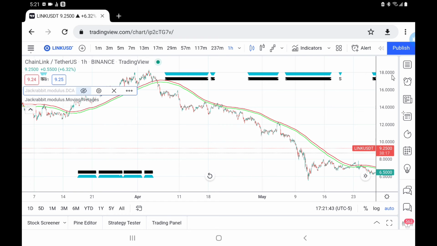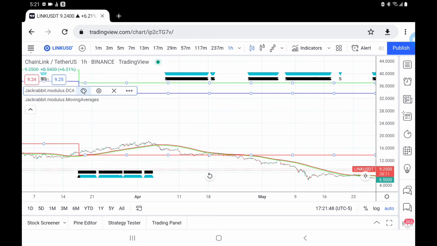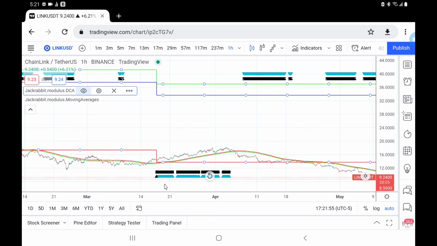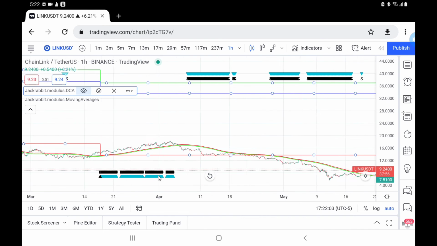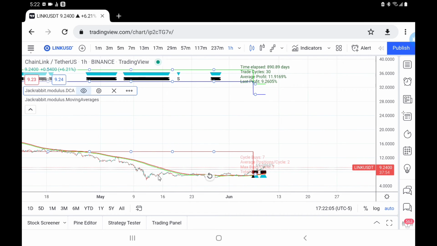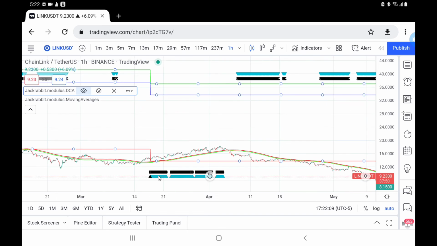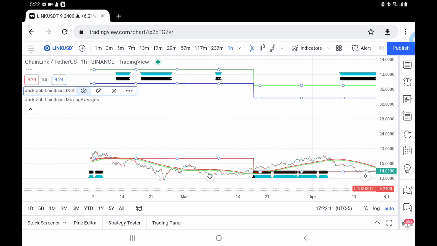A 65 to 66% drop in price. And notice it didn't make any purchases but one. One purchase right here when opportunity demonstrated the perfect entry. This is dollar cost averaging at its best. Strictly opportunistic.